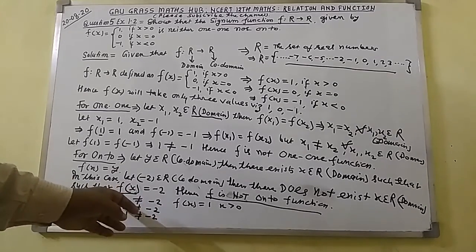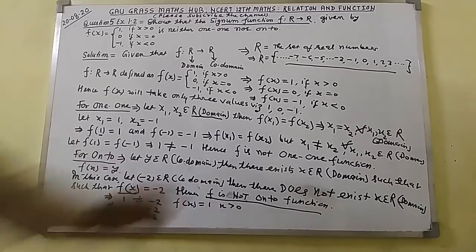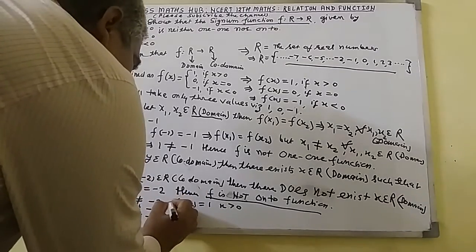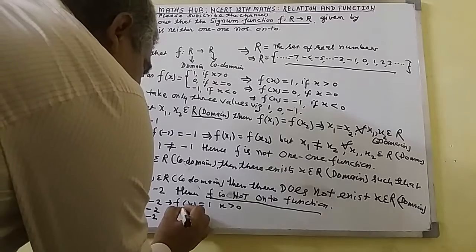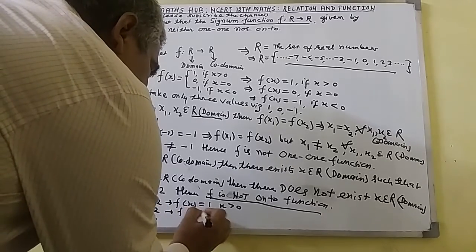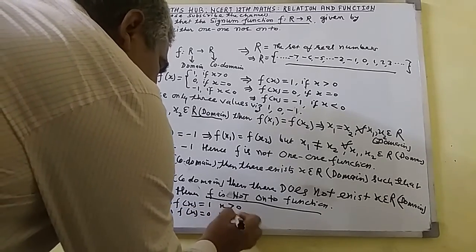So here I have written f equal to 1, x greater than 0. For this one you can write f(x) equal to 0, x equal to 0.